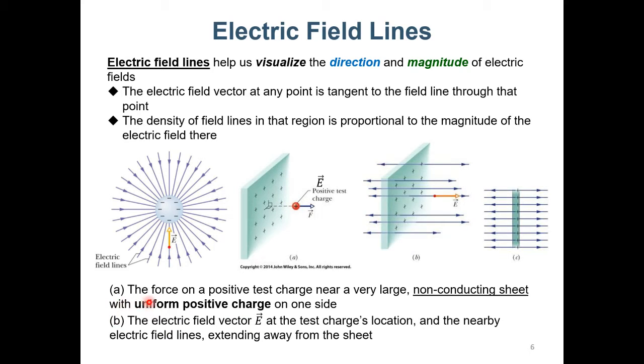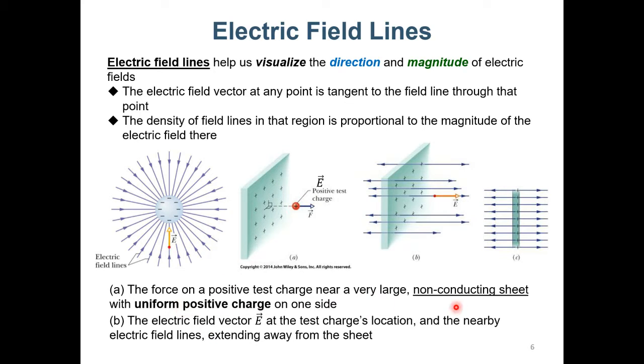And yeah, there are two more statements here. The force on a positive test charge near a very large non-conducting sheet with uniform positive charge on one side. So this is this figure.